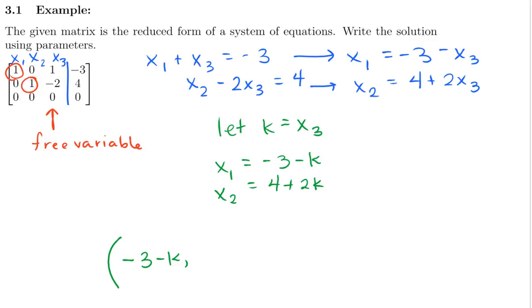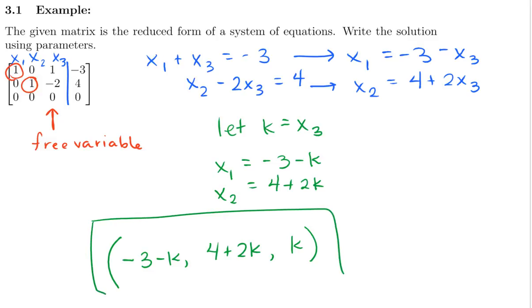The x2 value is 4 plus 2k. And the x3 value is just k. And so we would indicate our final solution as this coordinate point, where we see that x3 can be any value and x1 and x2 are dependent on the value of x3. And we've indicated all of this with the parameter k.